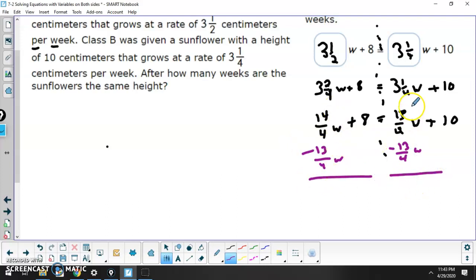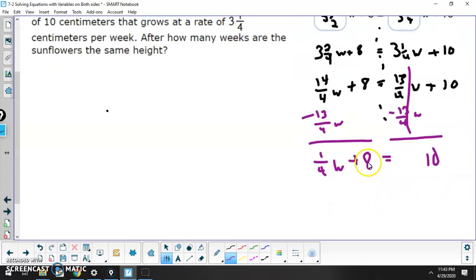It's good to show your work here and make sure you do the same thing to both sides. 14 minus 13 is 1, so it's 1/4 W plus 8 equals 10. And then you have a two-step equation to solve.